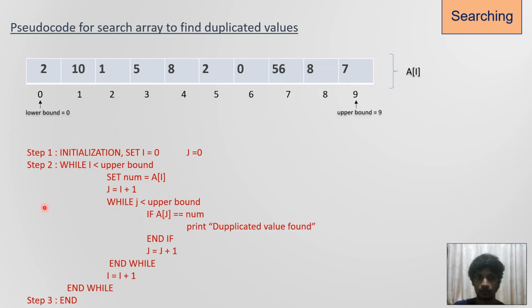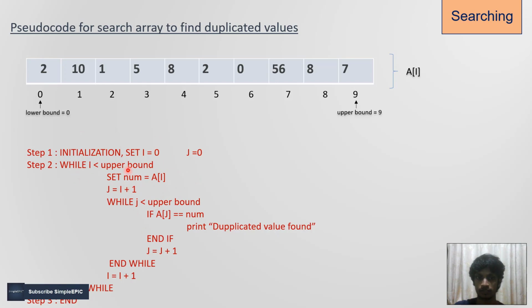In this first iteration, we have to set another variable, which I assume to be num. This num will contain the first value at the first iteration. When i is 0, a[0] is 2, so the num variable holds the element 2.